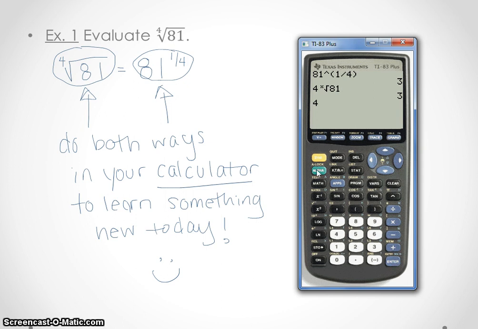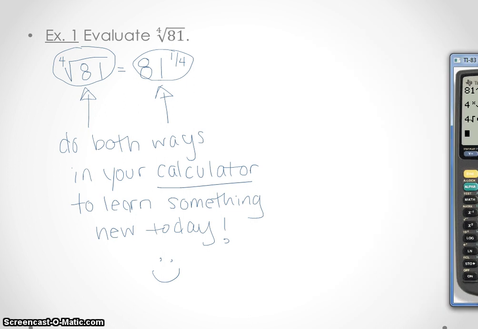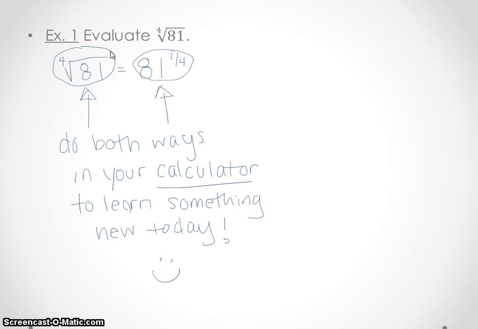Just to illustrate why the square root doesn't work, if I use that button, let's try it. Boom, 36. 3 and 36 are not the same number. So the 3 is what we want. Alrighty? So you have to go into that math menu and choose number 5 there. So we can actually maybe even jot that down. Okay, so to do it this way, put in 4 and then go to math.